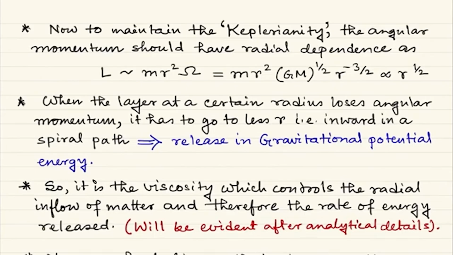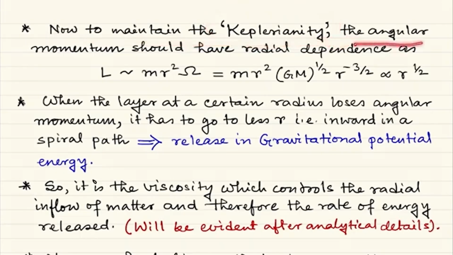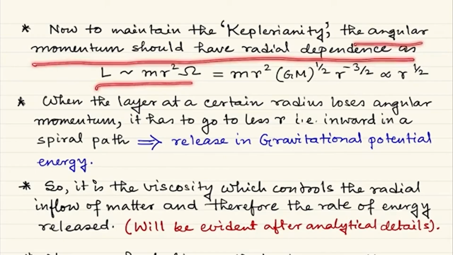Now once the angular momentum is transferred from inside to the outside, the layer inside would lose angular momentum. Now to maintain the Keplerianity, which is very important because otherwise the force balance would be destroyed, the angular momentum should have a radial dependence as this.